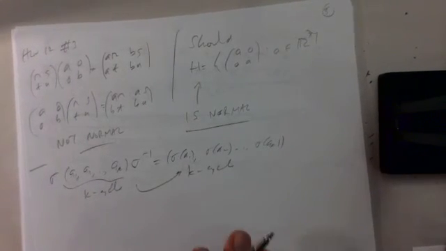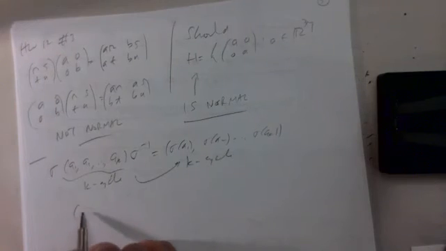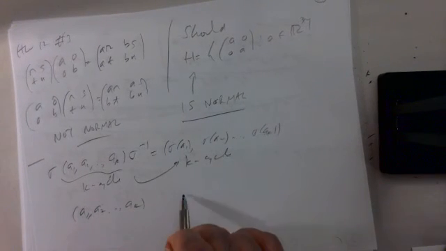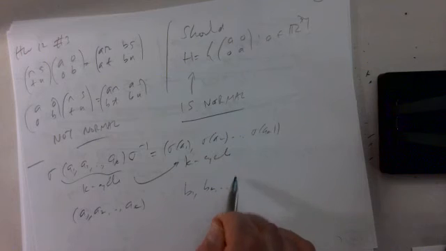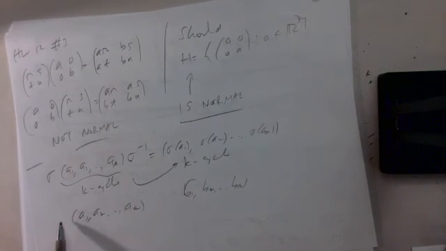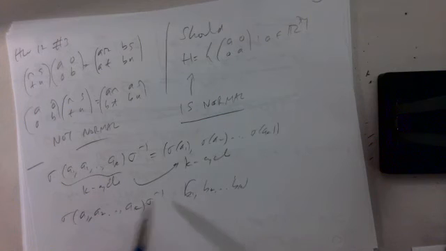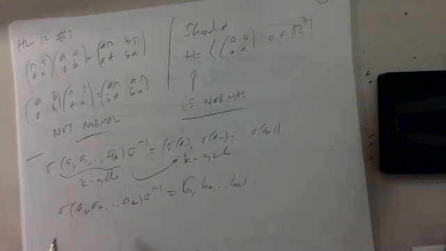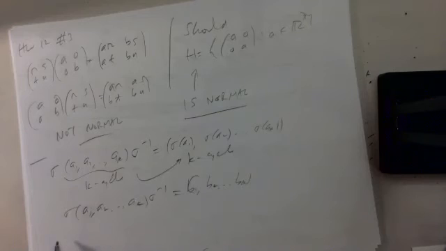And conversely, if you have any two k-cycles, there's always a permutation sigma such that if you conjugate this, you get this.